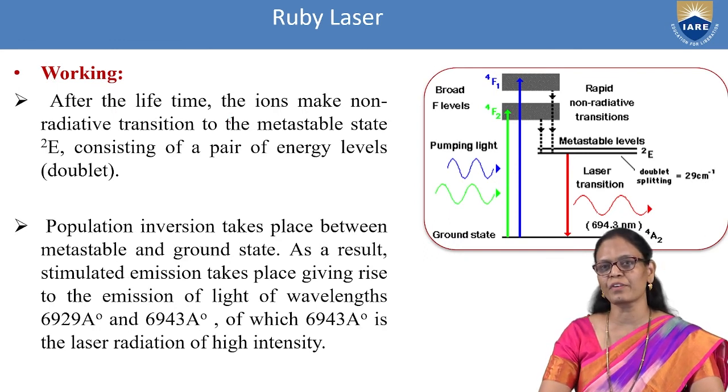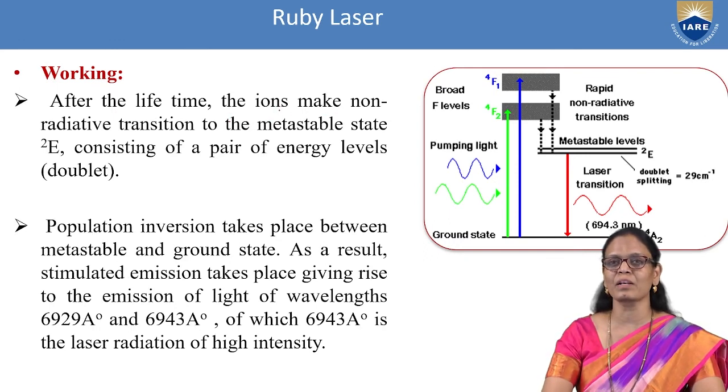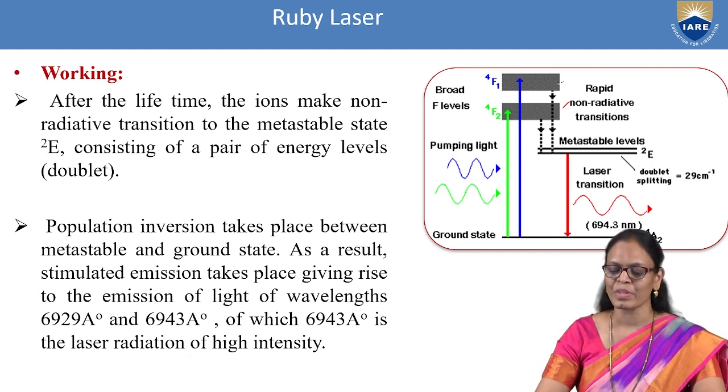Now after the lifetime, these ions make a non-radiative transition to the metastable state 2E, consisting of a pair of energy levels. Here 4F2 and 4F1 are the excited states in ruby. They cannot stay here for a longer time.